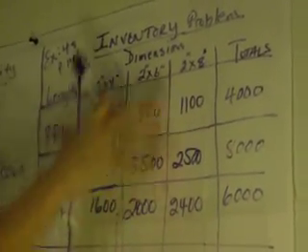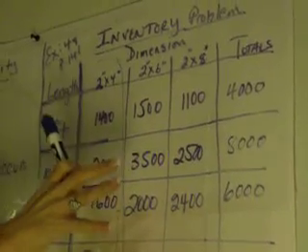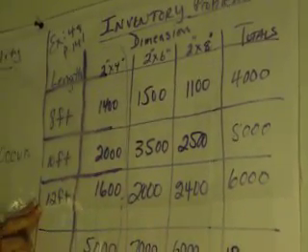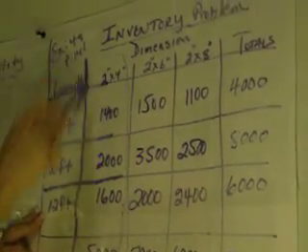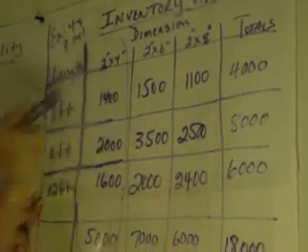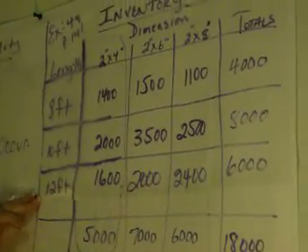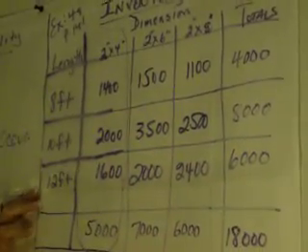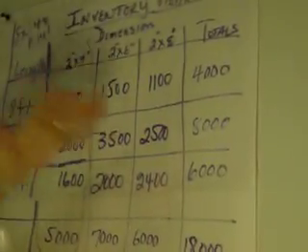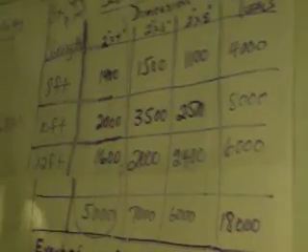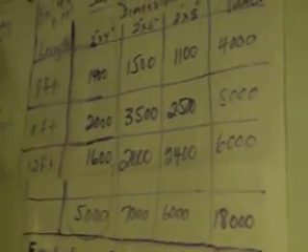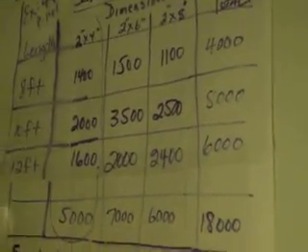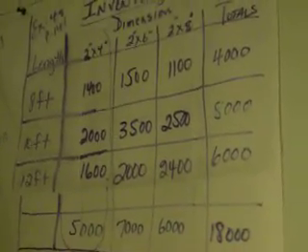Now, in the book, it just gives you the general matrix of the dimensions and the lengths. And I've gone ahead and I have totaled up our columns and I've totaled up our rows. Now, one thing that you need to understand is each one of these columns is considered to be mutually exclusive, meaning if it's a 2 by 4, it can't be a 2 by 6 and it can't be a 2 by 8.